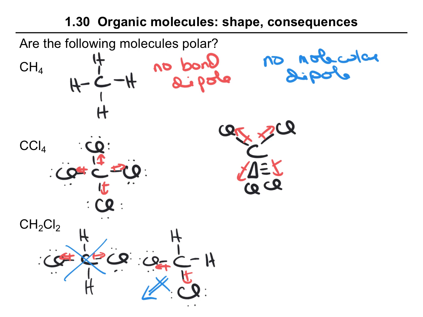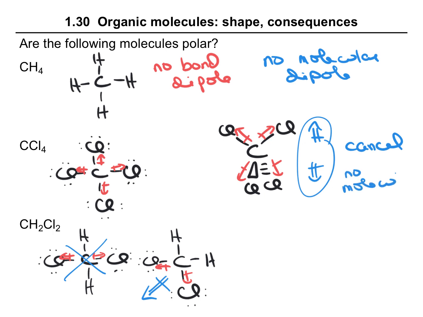So our top two bond dipoles are going to add up together to give something like this. Our bottom two bond dipoles are going to add up to give something like this, but then these two are going to cancel. So carbon tetrachloride has no molecular dipole, which we would have gotten from looking at this, but it's more correct to address the molecular dipole taking into consideration the shape.